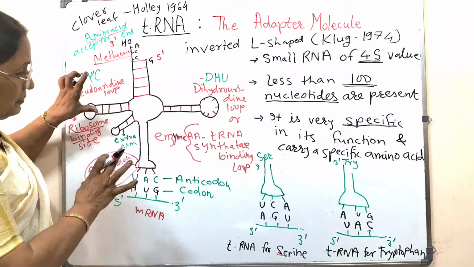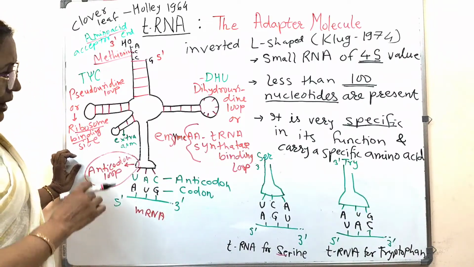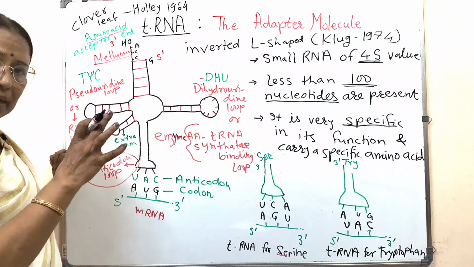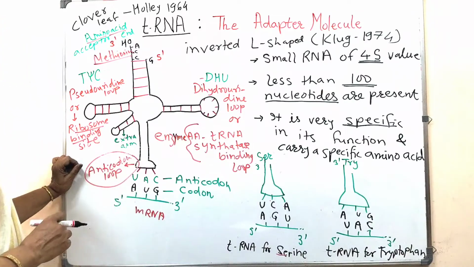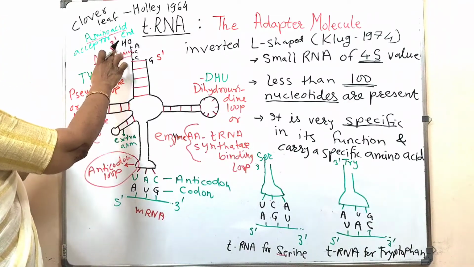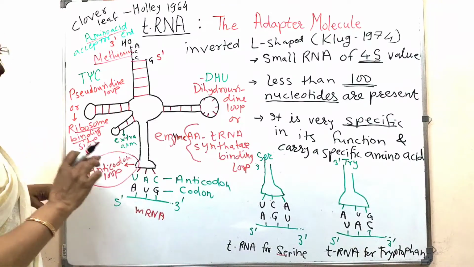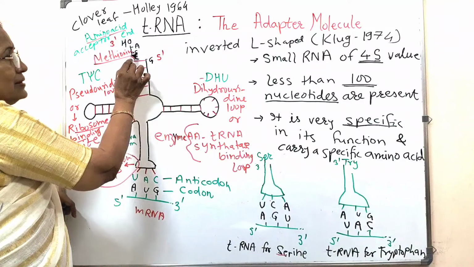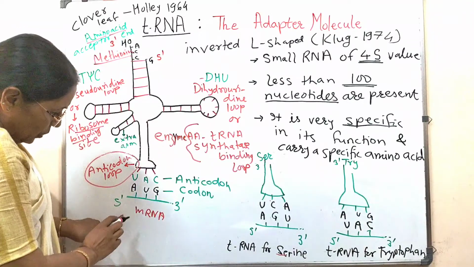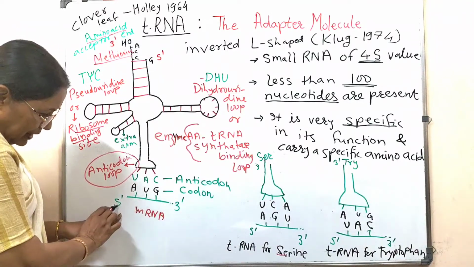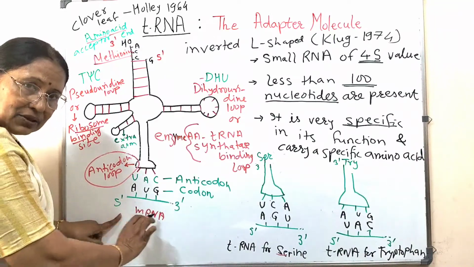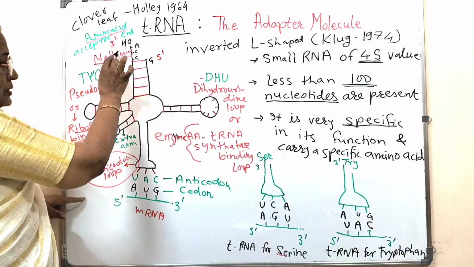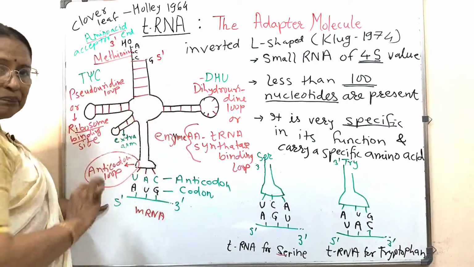Let us study the different parts of tRNA and how it coordinates with all the different molecules which participate in translation. Towards its 3' end, every tRNA has the sequence C, C, A. Look here, this is mRNA having its 5', 3' direction, and the anticodon is antiparallel, 3' and 5'.